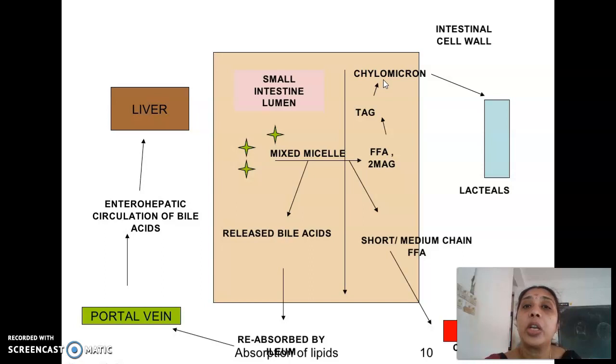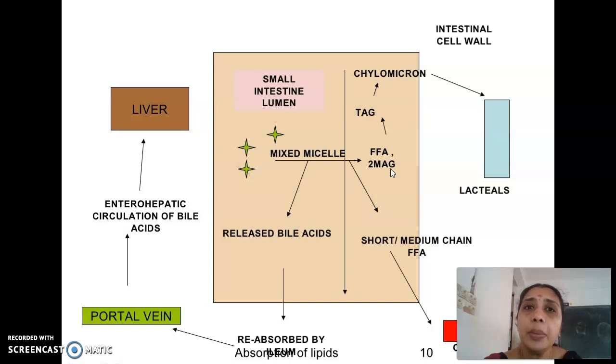The major constituent of chylomicron is TG itself, about 85% TG. The dietary TG is broken up, so for chylomicron formation, TG should be formed again. Free fatty acids, 2-MAG and diacylglycerol are present, and when a fatty acid attaches to diacylglycerol, we get TAG.